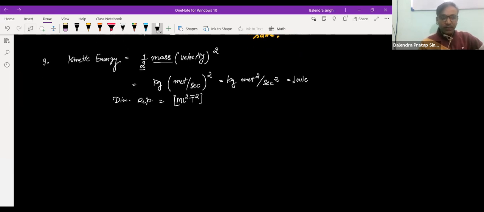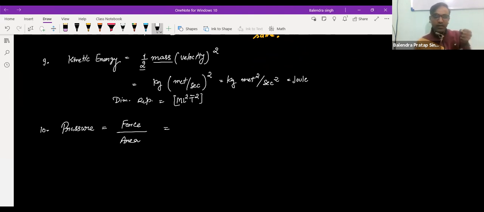Next, the tenth one, is pressure. We define pressure as force per unit area, the force acting on area. So what is the unit of pressure?